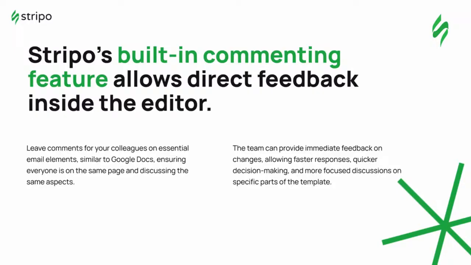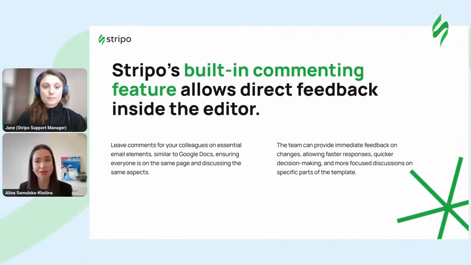Without a way to track changes or go back, that usually means starting from scratch, and that's a huge waste of time. That's exactly why we built version history in Stripo. Let's take a look at how it works and how it gives your team the confidence to keep moving without fear of losing progress.